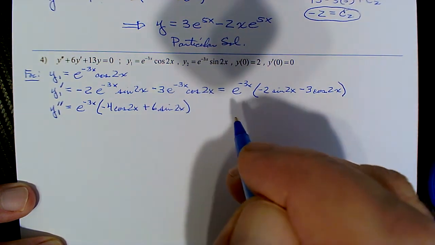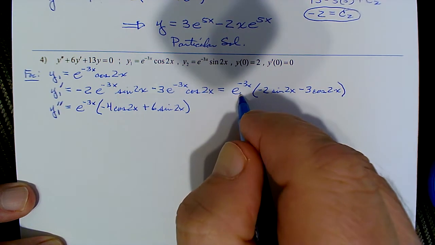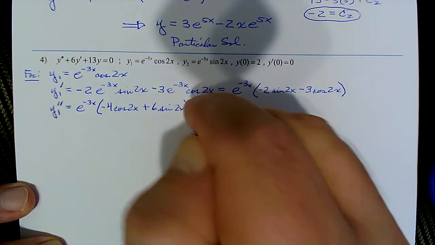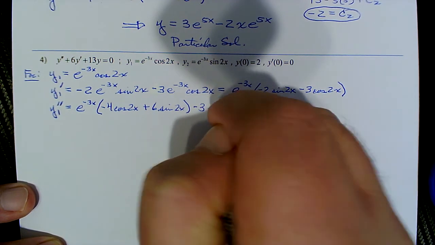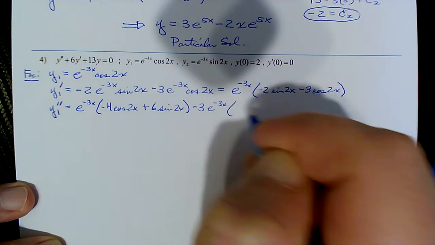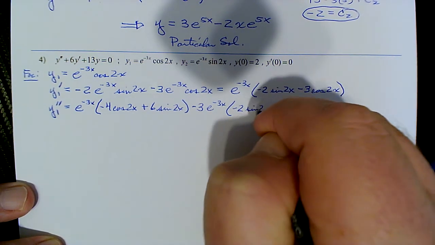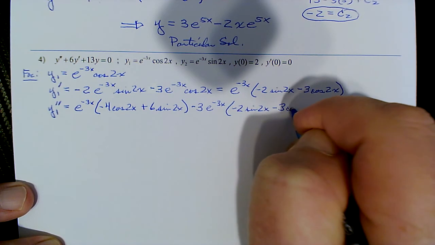And then it would be plus the second factor, what's in parentheses, derivative of the first is e to the negative 3x times negative 3. So let's write negative 3 e to the negative 3x, and then times the negative 2 sine of 2x minus 3 cosine of 2x.